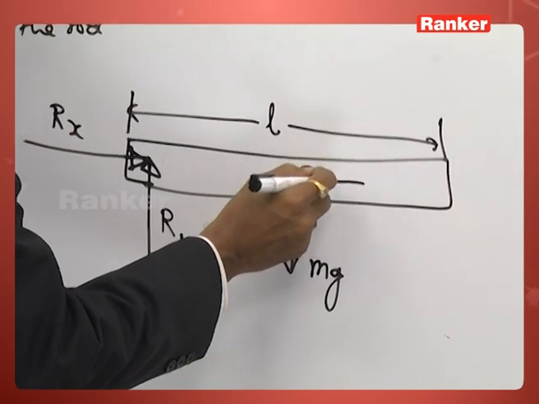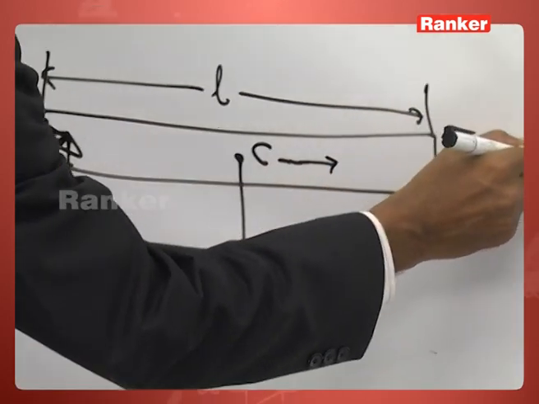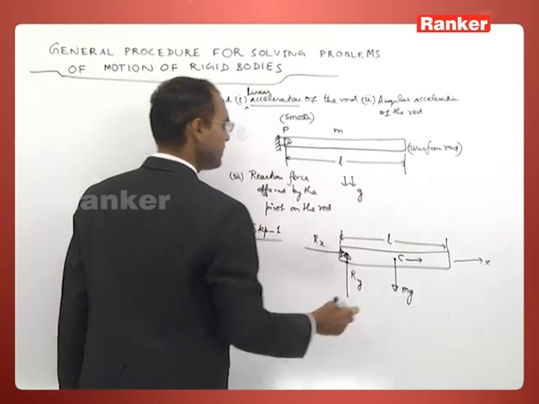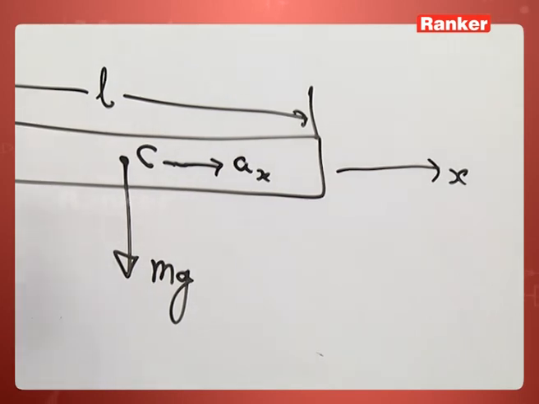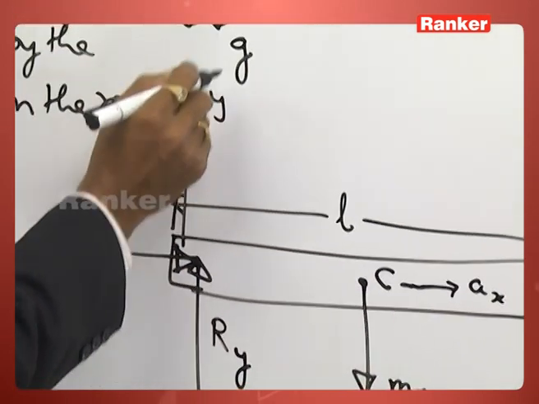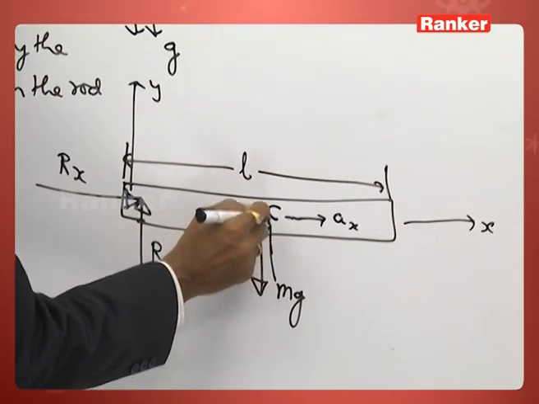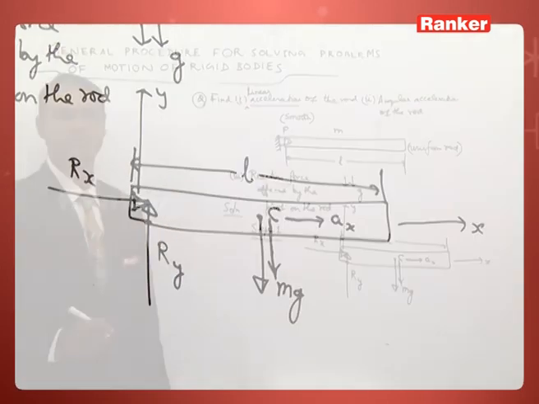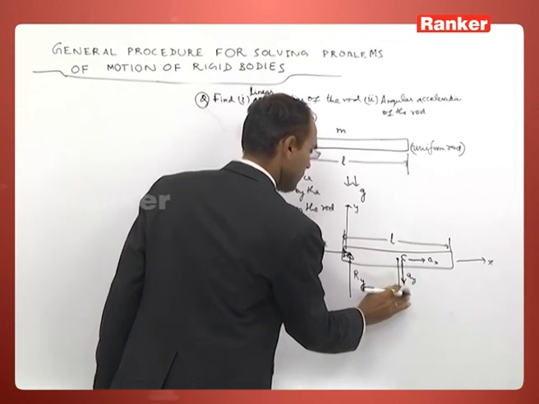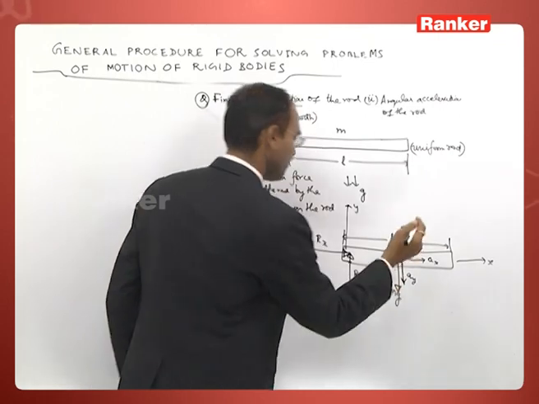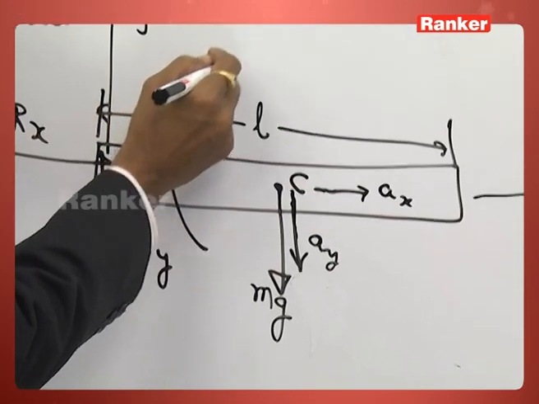Acceleration of the center of mass of the rod along x direction, let it be Ax. Along y direction, let the acceleration of the center of mass be Ay, and angular acceleration of the rod, let be alpha.